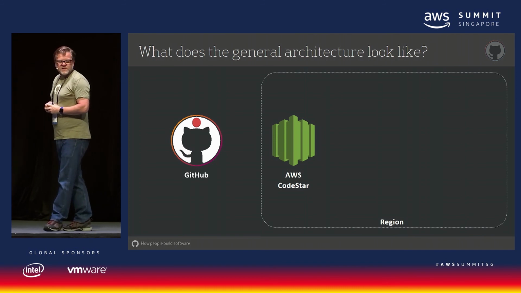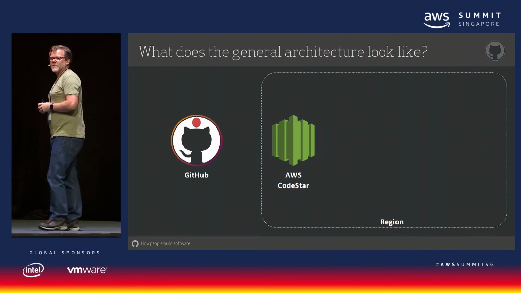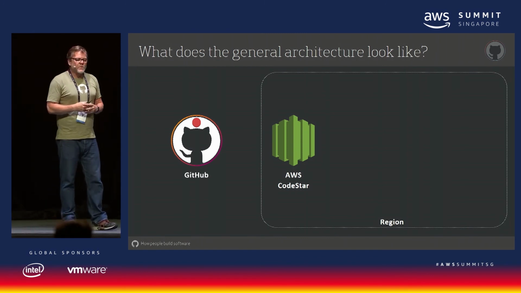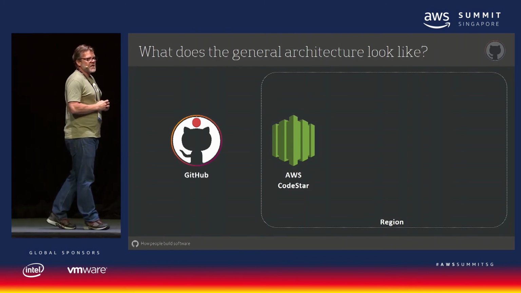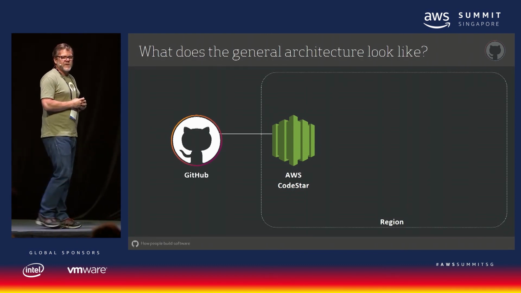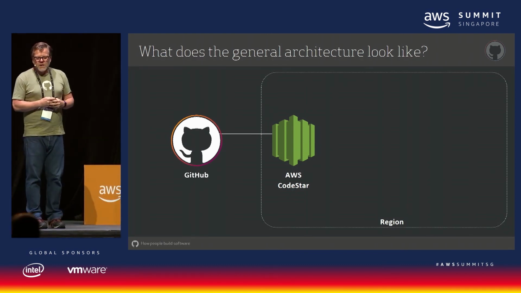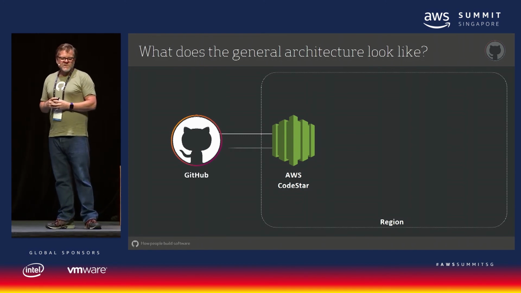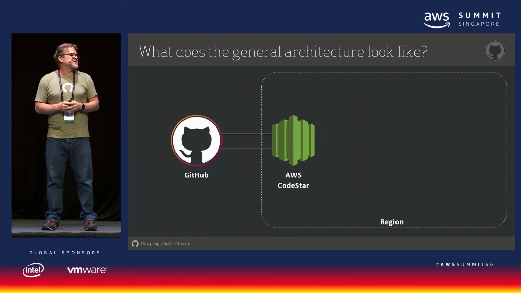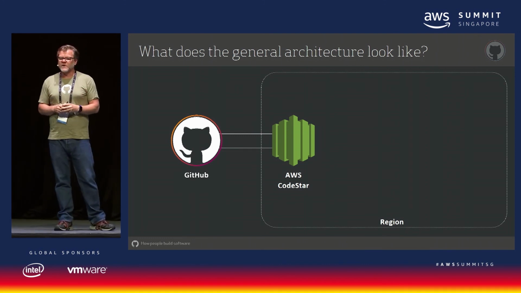Basically, the way this works is something changes within GitHub. You've changed your template, or you might have changed your Lambda function, and then we trigger that. We understand that there is a change, we consume that change, and we send a little message off to AWS CodeStar. CodeStar receives that message, comes back in, interacts with the GitHub repository and pulls down everything that's changed so we can go ahead and start adding to your environment.